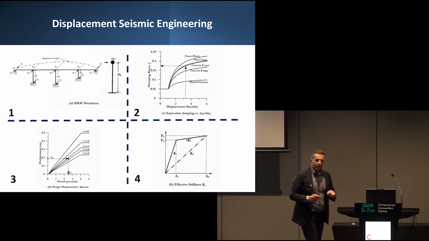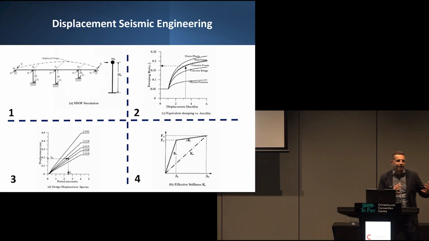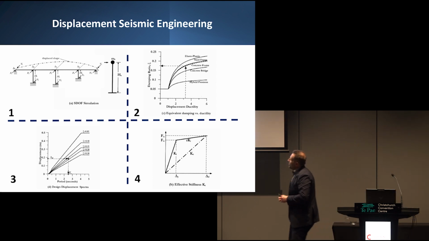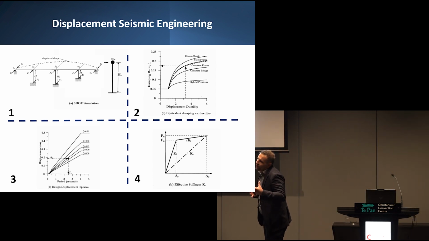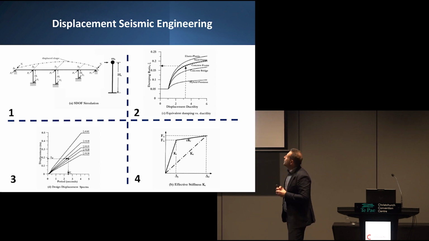This is different from what is in the model code, but is another approach which has the merit to use the displacement, which is actually our damage indicator in the structure, as a design parameter and not as a check.